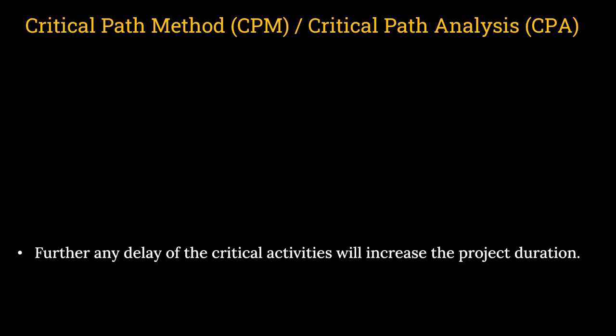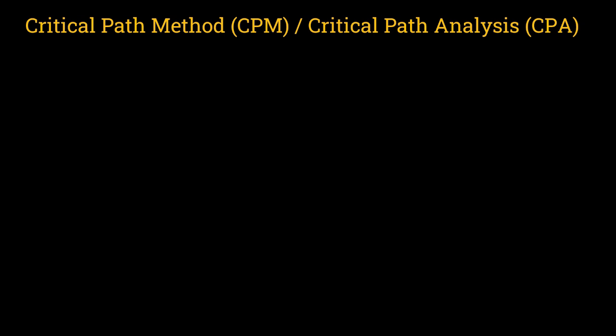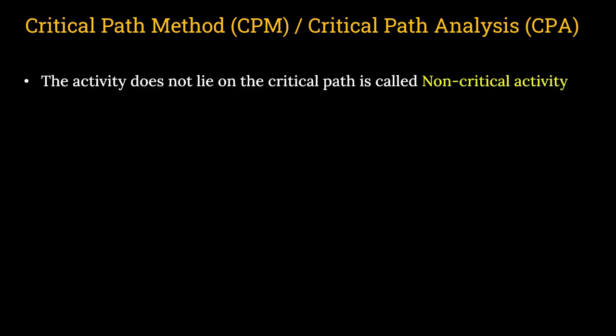Suppose instead of 5 days in a particular activity, you have consumed 1 day more. So automatically that will become the longest path, and that will increase the project duration. Try to keep that point in mind. Similarly, an activity that does not lie on the critical path is called a non-critical activity, where delay is possible.